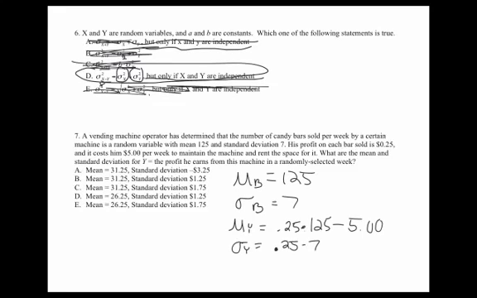We do not subtract the 5 because adding or subtracting a constant does not affect the standard deviation. And then if we multiply out, we end up with 26.25 for the mean and 1.75 for the standard deviation. So 7 should be E.